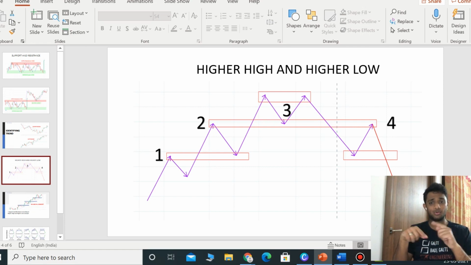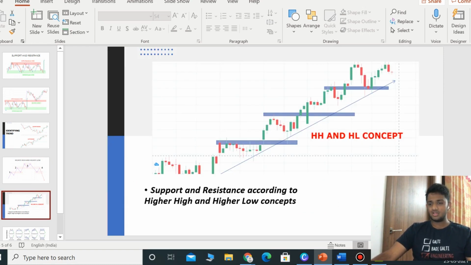That is how the process goes, and there are many patterns you can find. See, this is how the higher high and higher low concept works. This is purely an uptrend. All the blue lines are resistance converting into support.